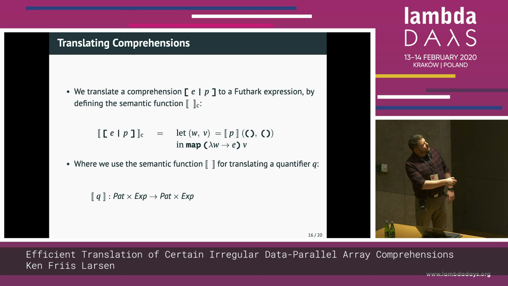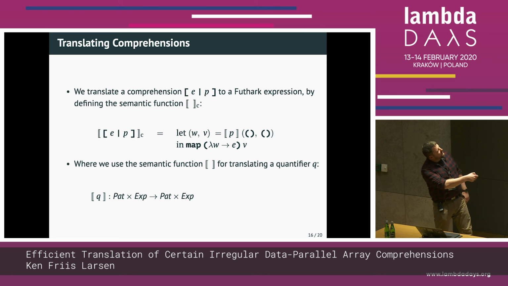That's a semantic function that takes two arguments. Basically, it's two accumulating arguments here. We didn't have time to make it elegant. One is in the value part, and the other one is in the pattern part.